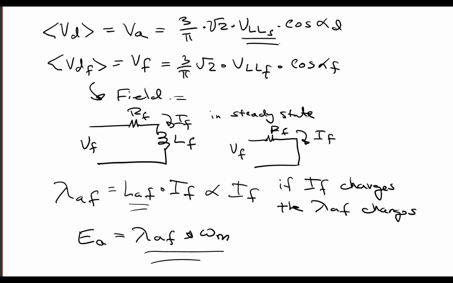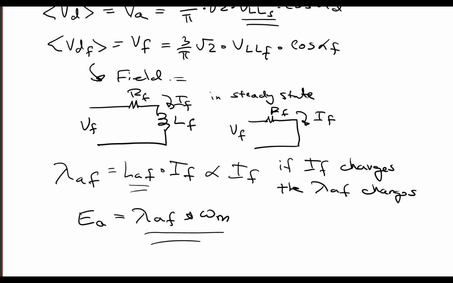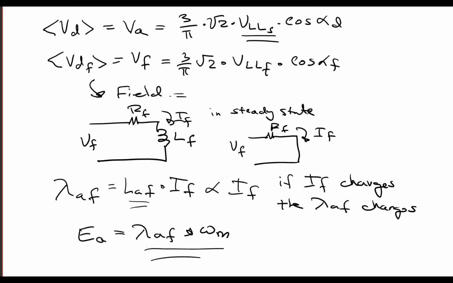That's limiting you. And so what you've got to do is reduce EA to operate at higher speed.